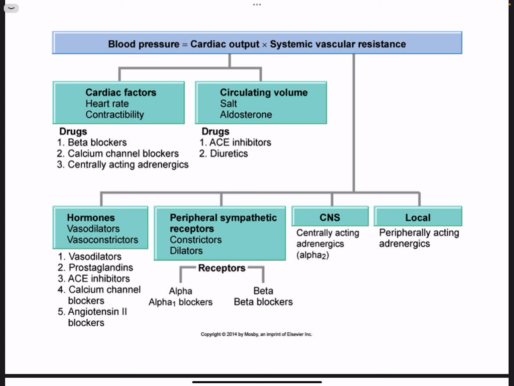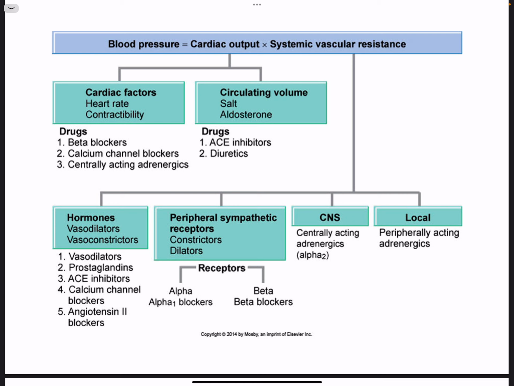So, in any segment of the nephron, they will block the sodium chloride and water. When we block this, the urine production is increased. So, more urination, the volume is going down. That is the mechanism by which it will reduce the blood pressure.